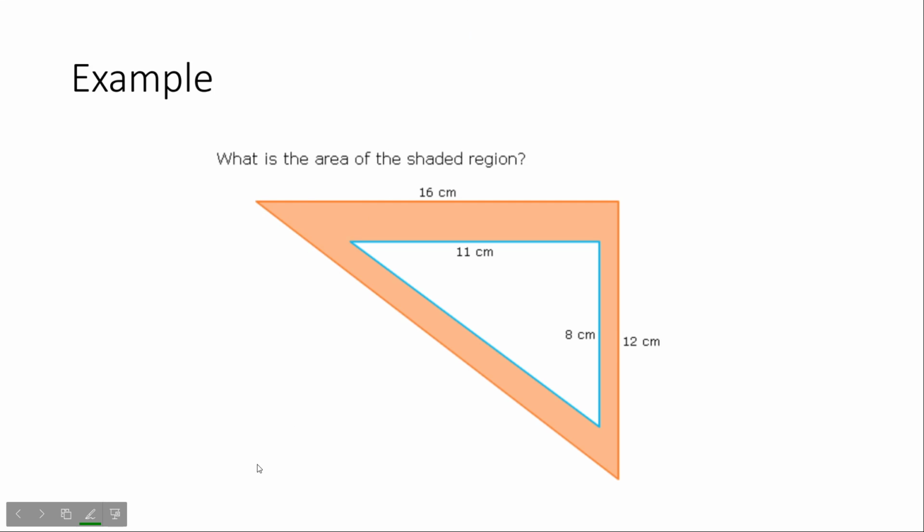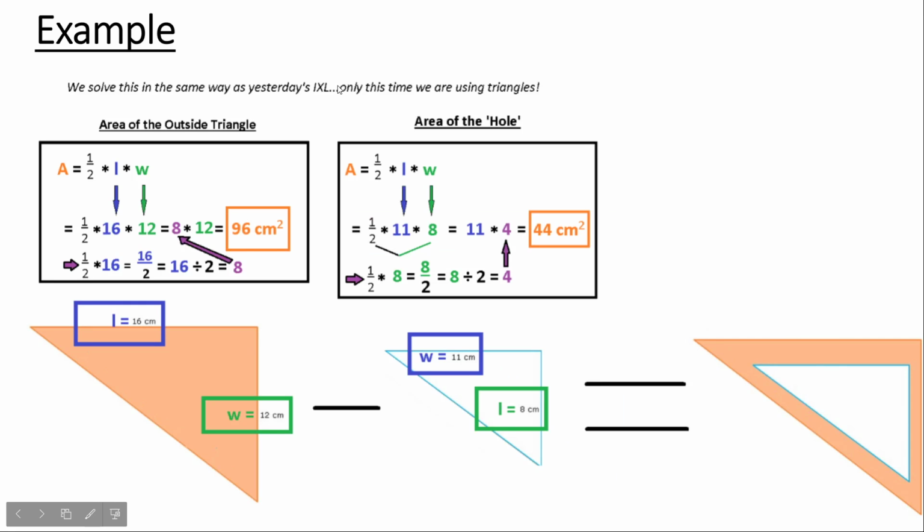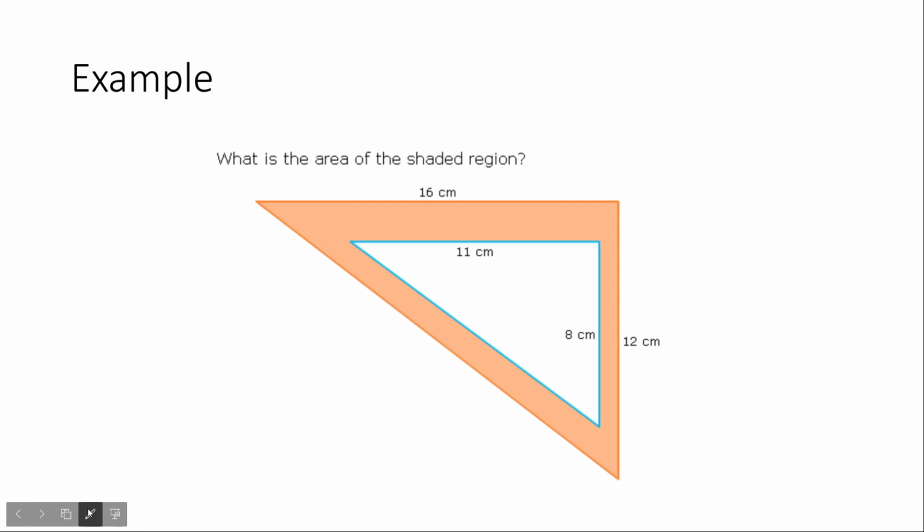So today, I'm only going to go through one example because it is very similar to yesterday's assignment. If you remember yesterday, we were solving questions like this, where we had a whole green rectangle, then we subtracted a little hole in the middle, and we saw that this was equal to this area all the way around it.